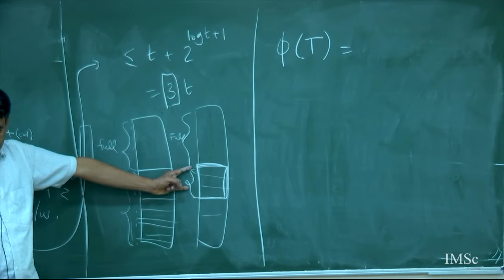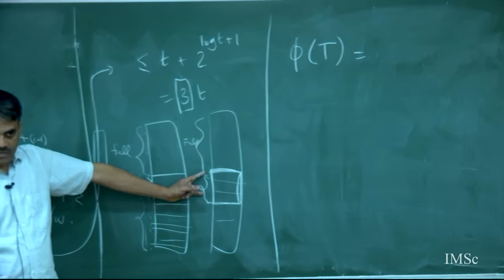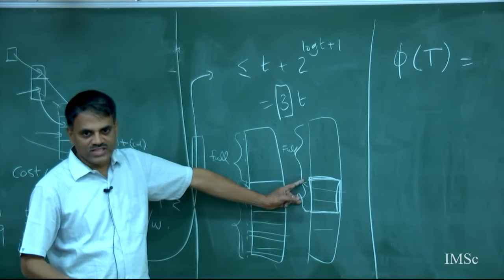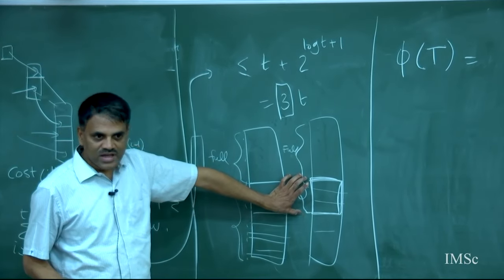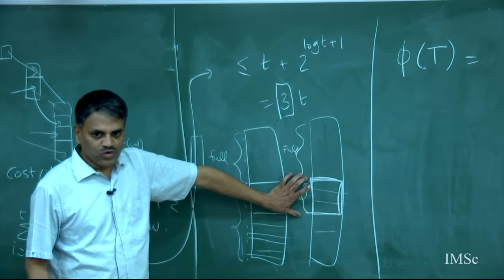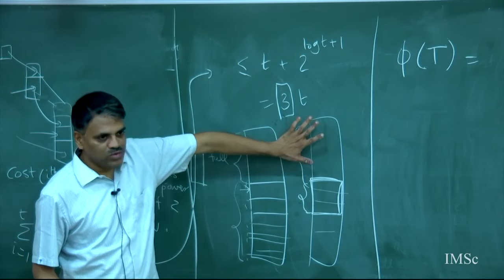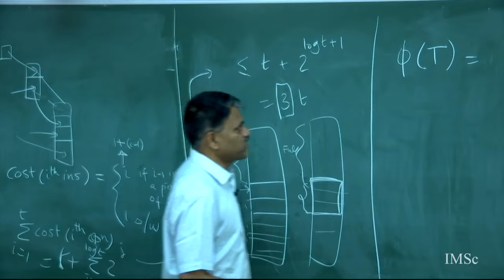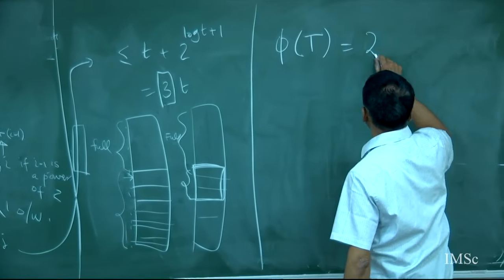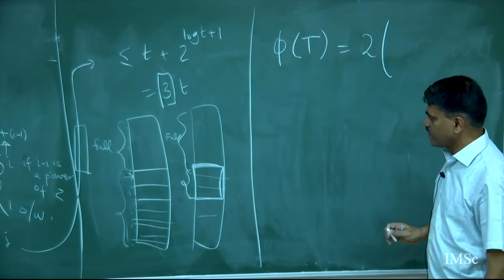Number of elements, this, into 2, exactly, right? Number of elements up to this point into 2, because 1 to pay for this insertion and 1 to pay for this. So the potential is 2 into the number of insertions after the last expansion.